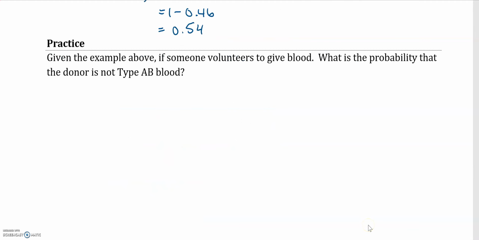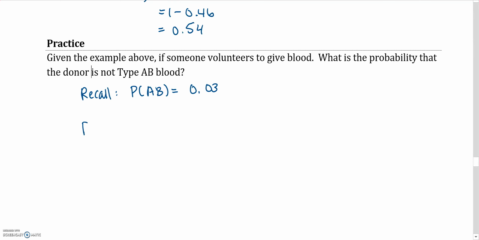So pause the video and practice the following question. It says, given the example above, if someone volunteers to give blood, what is the probability that the donor does not have type AB blood? So recall above, we found that the probability of having AB is equal to 0.03.